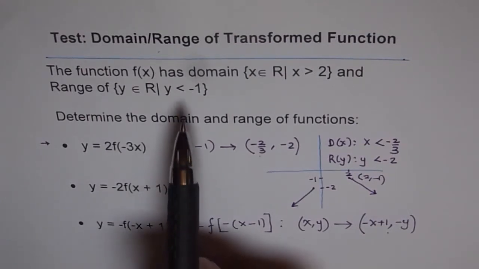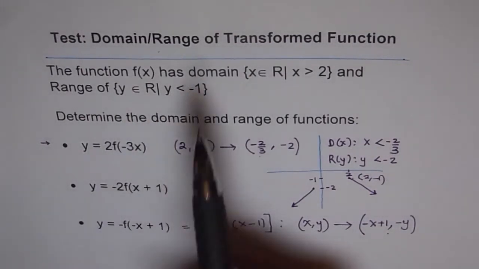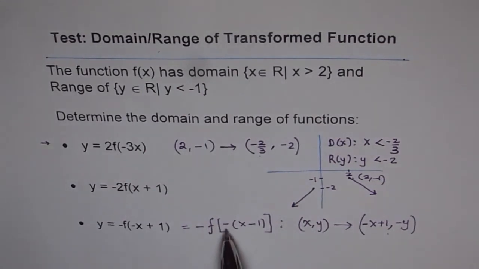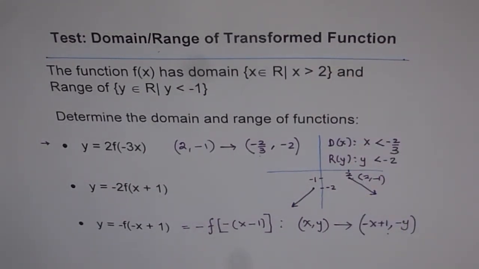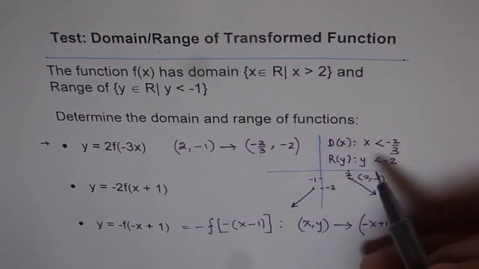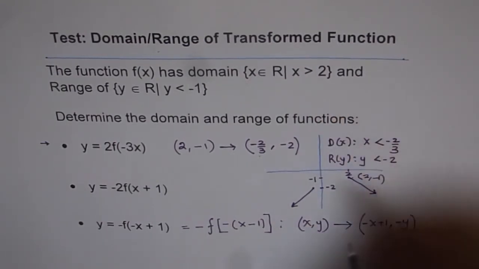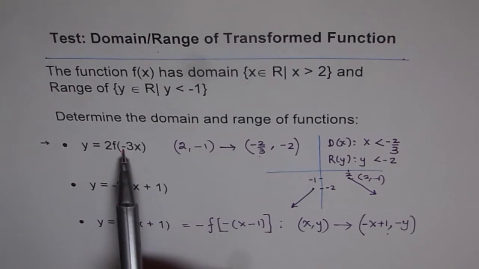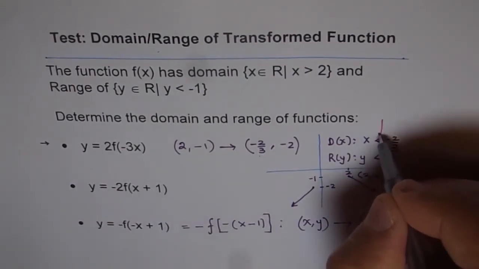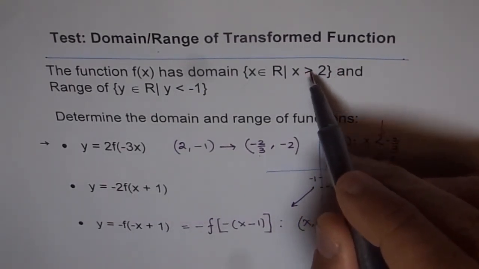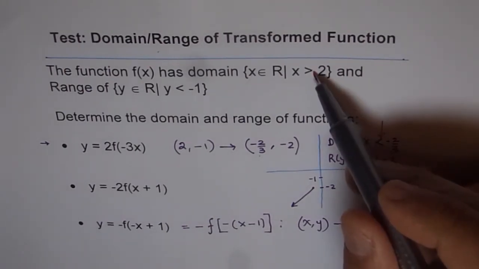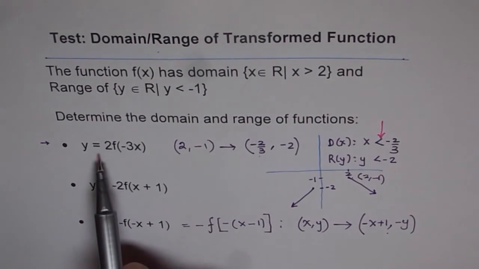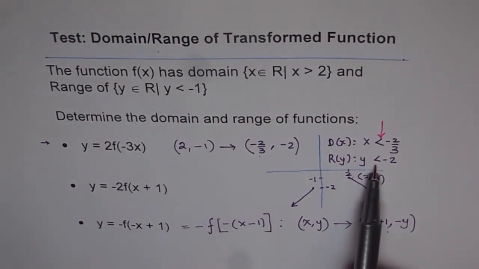And then this will change the inequality. This minus means if it is less than, it becomes greater than. Do you understand? This reverses it, as you noted in the first one. So what you note here in domain and range is two things. Since we have a minus here, our inequality direction changed. Instead of greater than, it is less than because of the minus. In this case, there is no minus, so the inequality sign is the same.